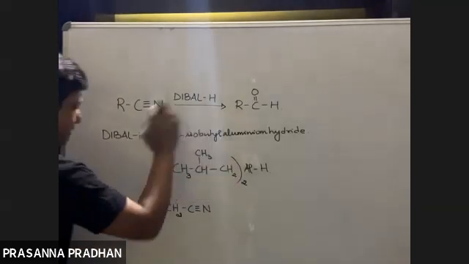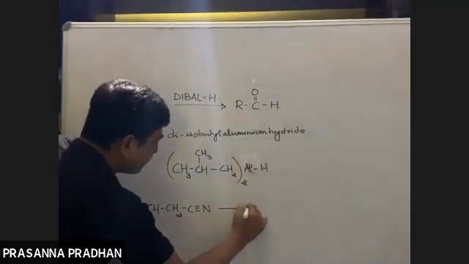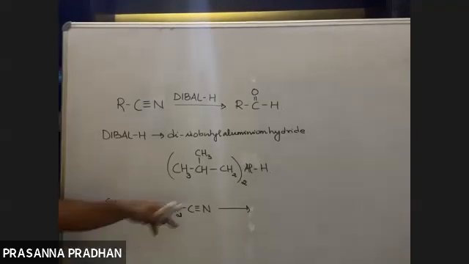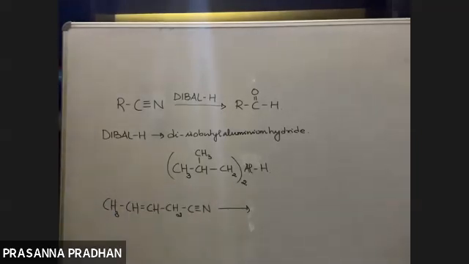It will supply hydrogen. Now, what is the problem if I use SnCl2 and HCl? Who can identify the problem? If I use the earlier reagent, Stephen's reduction, what is the problem?